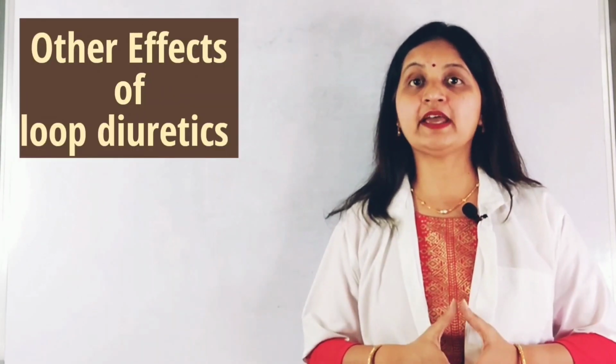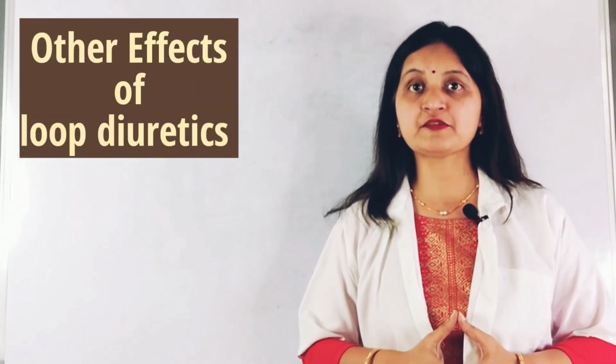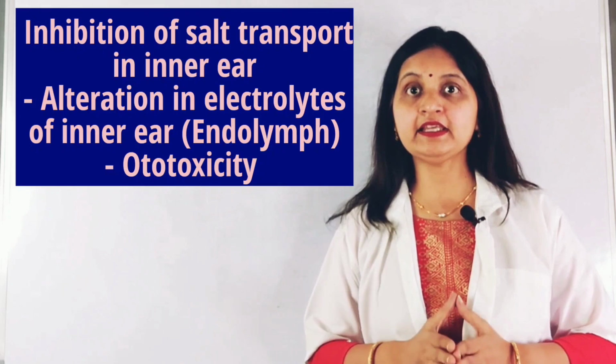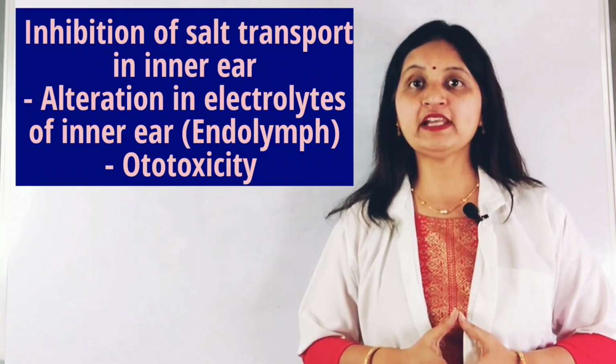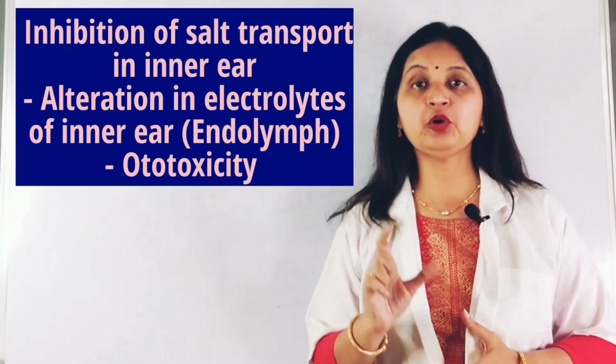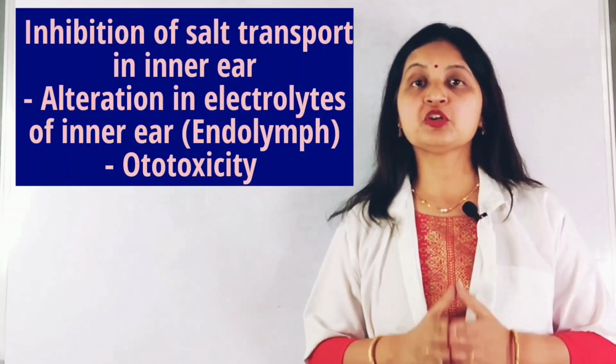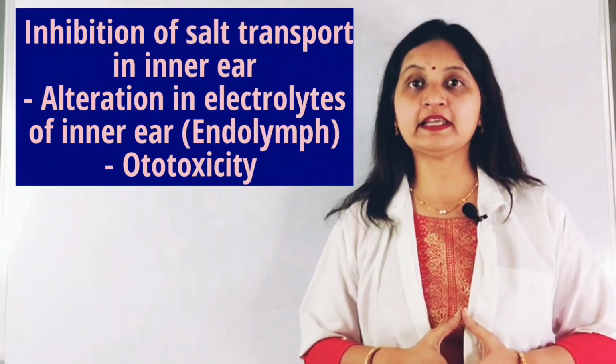Loop diuretics have the ability to inhibit the salt transport in tissues other than the kidney. For example, inhibition of salt transport in the inner ear causes alteration of electrolyte composition in the endolymph of the inner ear. So this can cause ototoxicity.